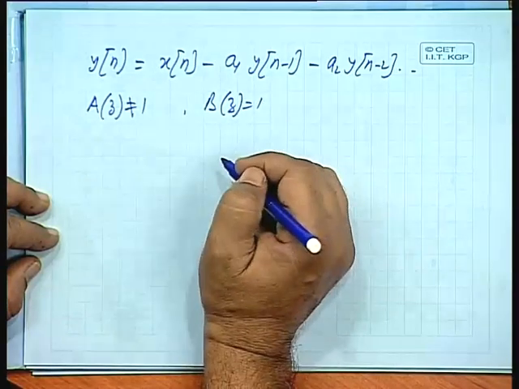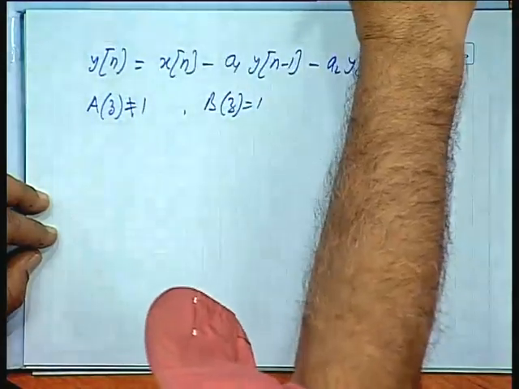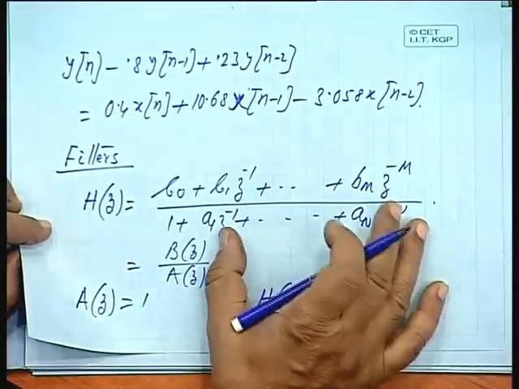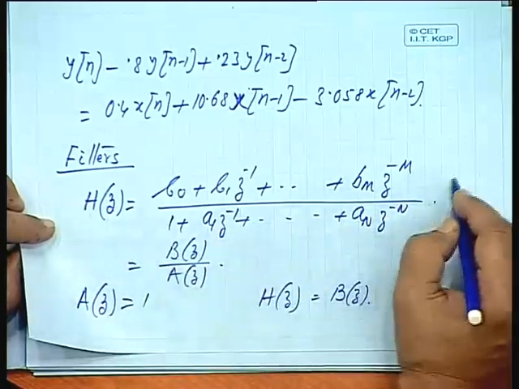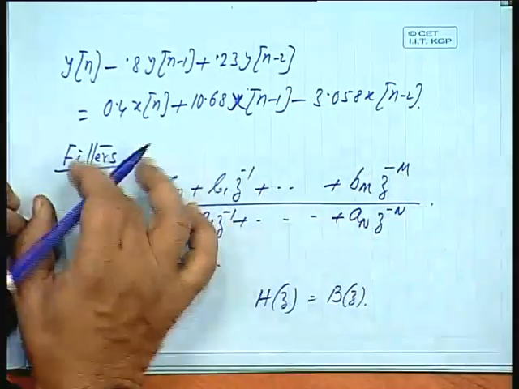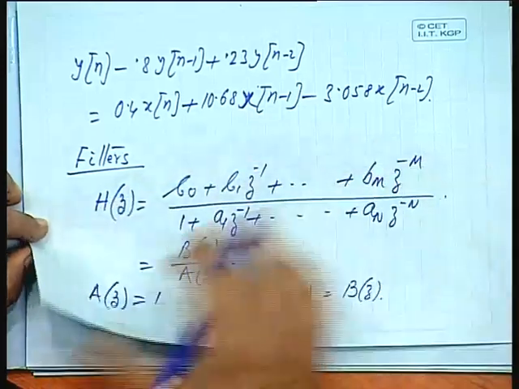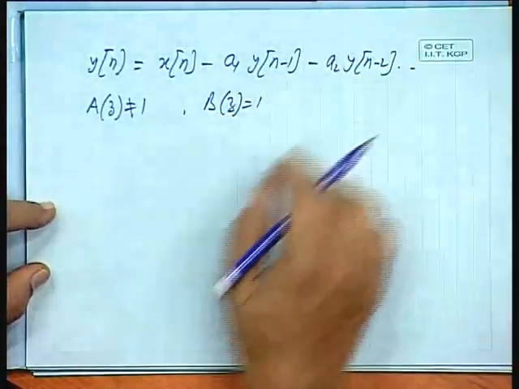If B(z) is 1, then x gets multiplied only by the numerator and y gets multiplied by the denominator, and then if we shift these terms to the other side, you get such an expression.